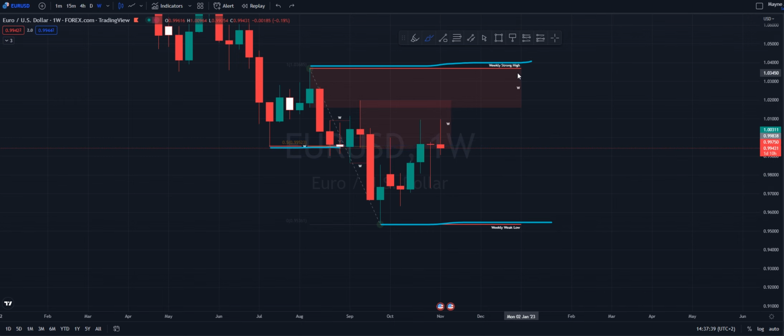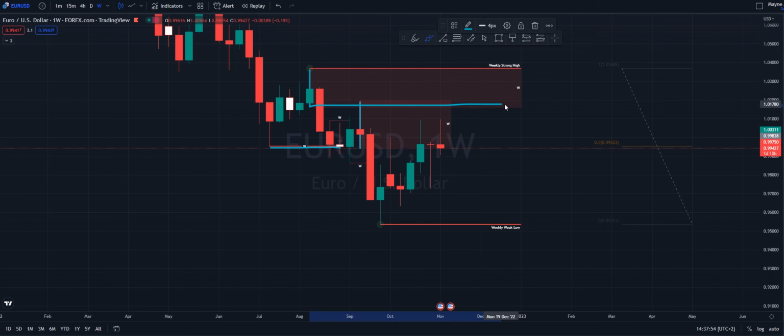Step 3 would be to map relevant supply and demand zones, and the supply zones that we see here, because we are in a bearish market, would be this candle over here and this one over here, and we draw rectangles across just to be able to see if price has entered into these zones.